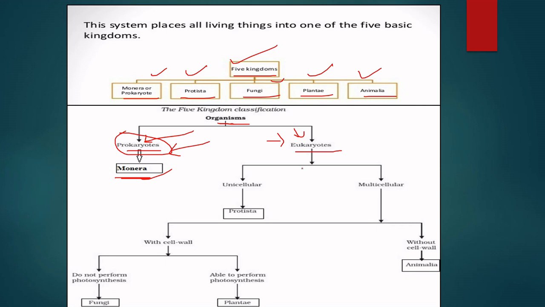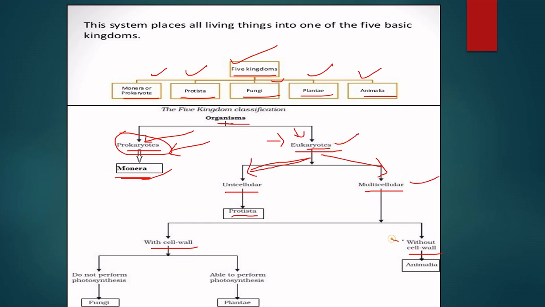All the living organisms present in the eukaryotic section are further differentiated into 2 groups: one is unicellular and another is multicellular. Unicellular eukaryotic organisms are placed in the Protista kingdom. Next, the multicellular eukaryotic organisms are further classified by the characteristic of having a cell wall or not.